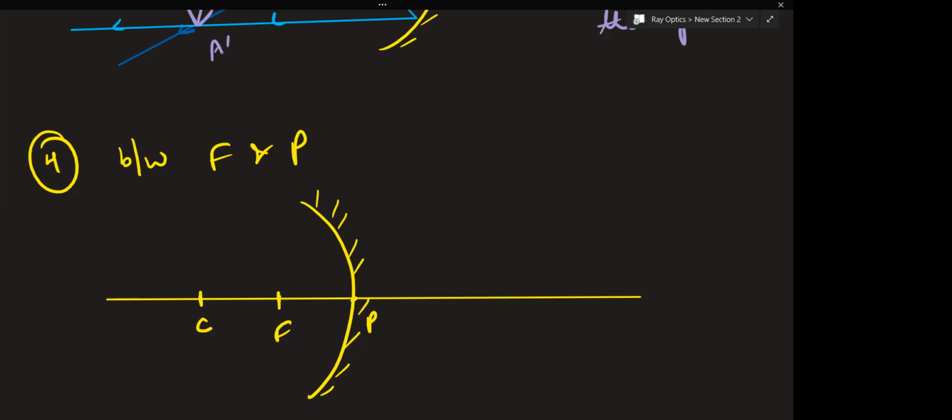See, if it is exactly at the focus, the image will be formed at infinity. But if it is between P and F, now see what will happen. If you're not able to see the image forming at exactly the point, do some manipulation, shift the center of curvature and focus, but get your image exactly at the point. So this will be parallel. This will pass through the focus.